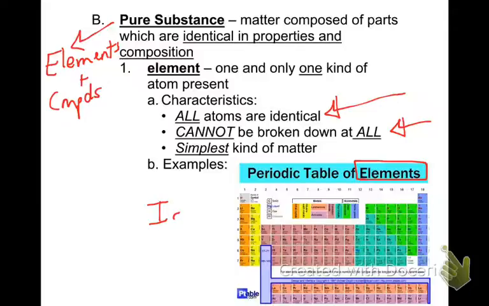I could list all 118. I don't know all 118 off the top of my head. These ones get a little tricky down here. But I do know quite a few of them. So an example of a pure substance is an element. So, one and only one kind of atom present. When we get to the end of this video, hopefully it'll make a little bit more sense as to what is what.